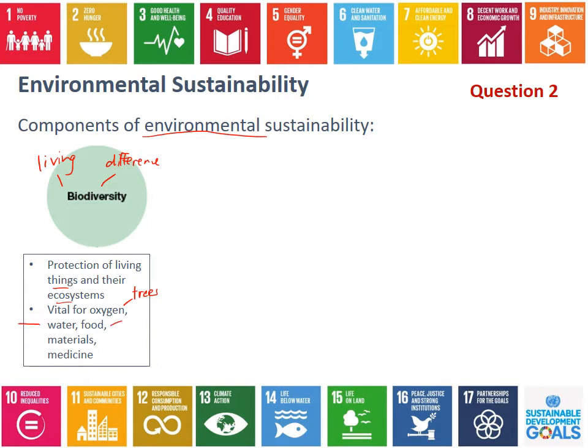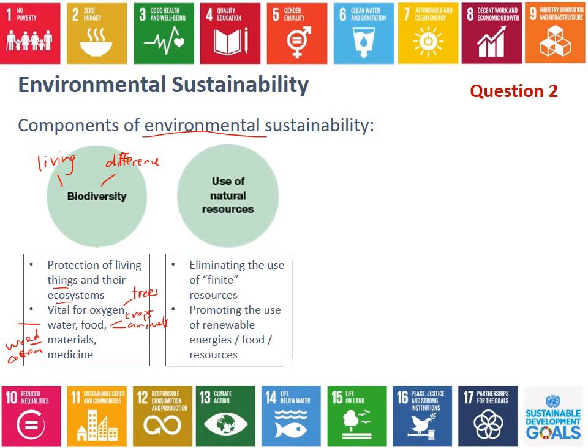Food, whether that is crops or animals that we rely on for food. Materials, that could be things like wood for building houses, or also things like cotton for clothing. So a lot of our products come from natural sources, and also medicines. Medicines primarily come from natural resources.